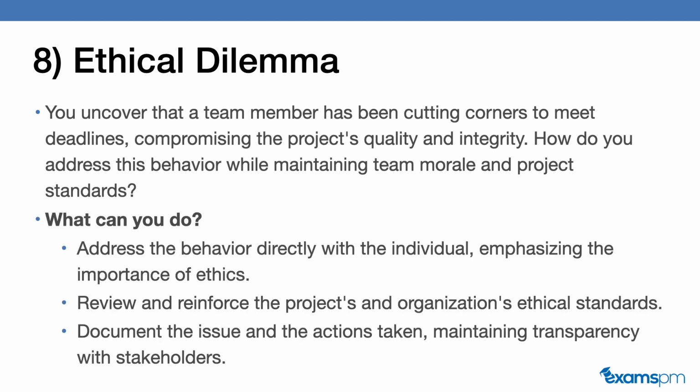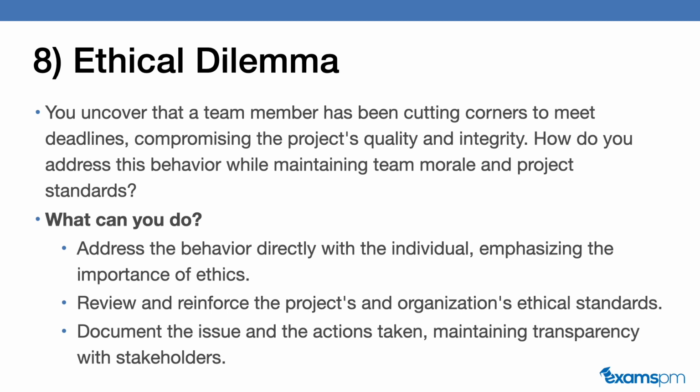Well, some things you can do involves attacking that problem directly. This involves approaching that individual directly, emphasizing the importance of ethics. So basically calling them out on their bad behavior. You also want to review and reinforce the project's ethical standards. These standards need to be documented in your project and made aware to all of the project team members at the outset.